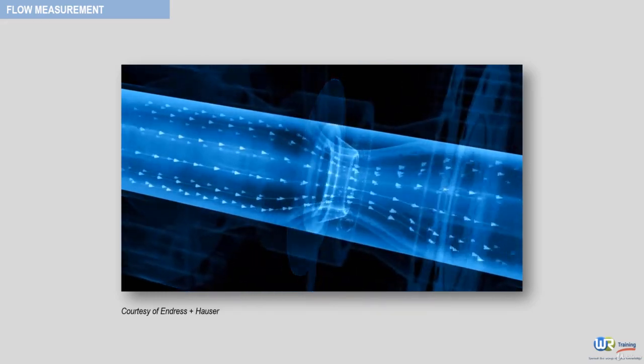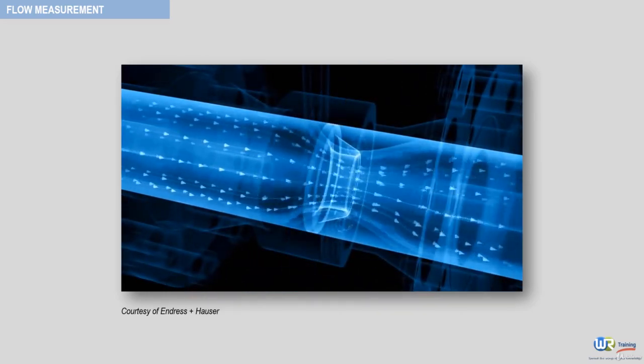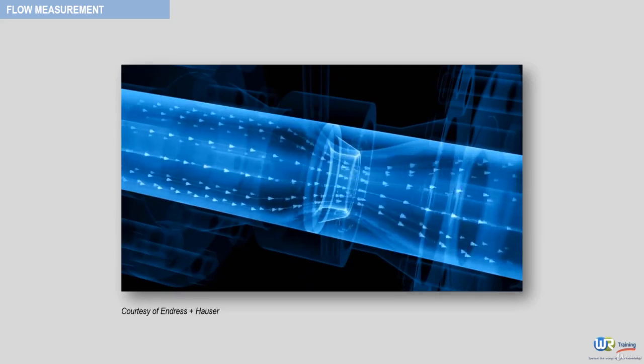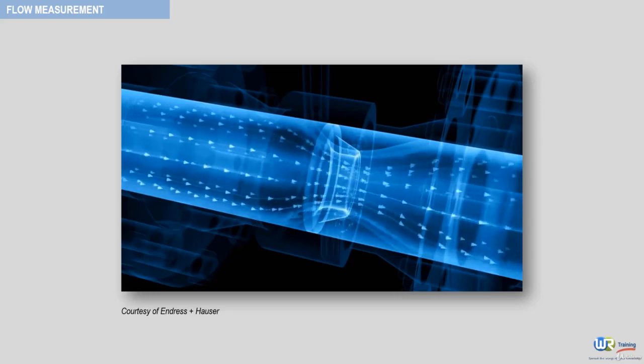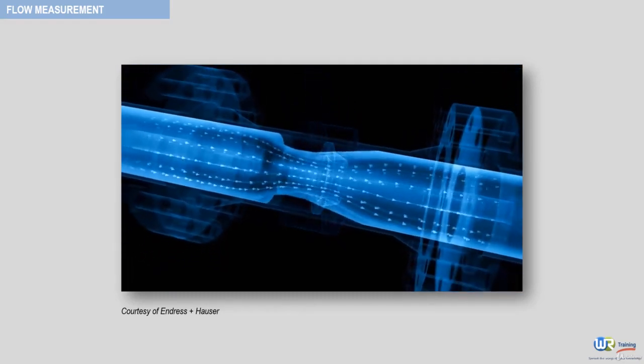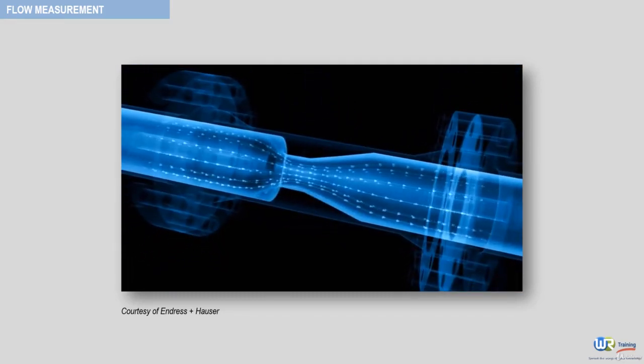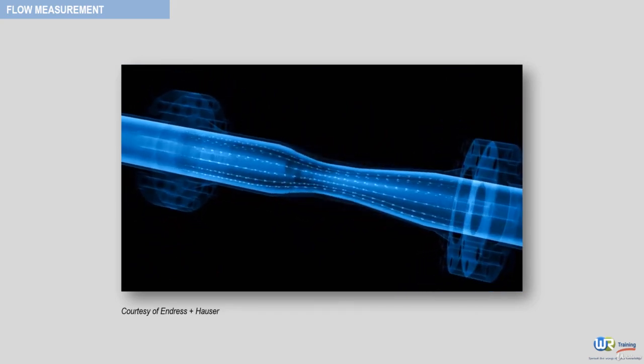Nozzles with a rounded funnel-like inlet clearly reduce turbulence and thus create less pressure loss. Nozzles are particularly suitable for higher flow velocities or for fluid with abrasive solid particles. Turbulence reduction is even greater with Venturi nozzles and finally with Venturi tubes, where the restriction is created by a longer conical restriction in the pipe wall.